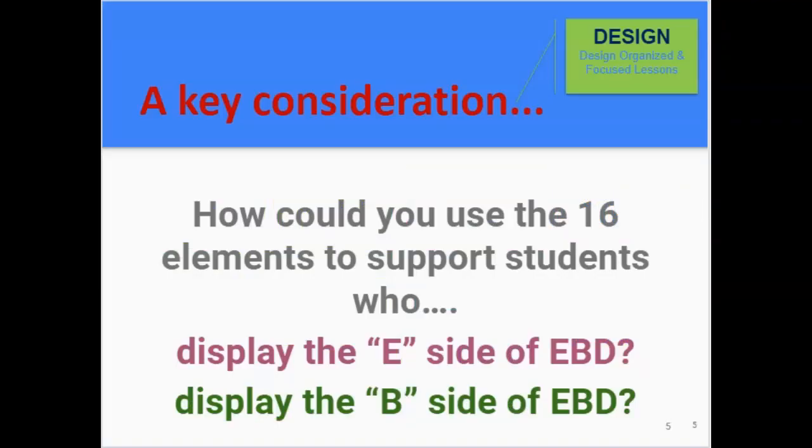So as we're talking today and thinking through how we can use explicit instruction, I'd encourage you to stop and think through at each step how each of the 16 elements can be used to support not only all students in our classroom, but specifically students who might display the E side, or that emotional side of EBD, as well as the students who display that behavior side of EBD.